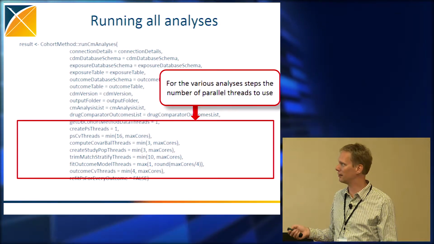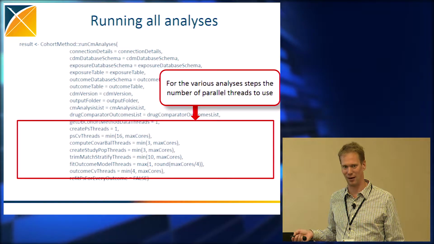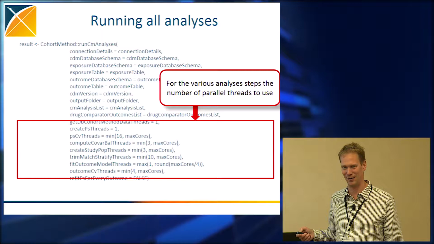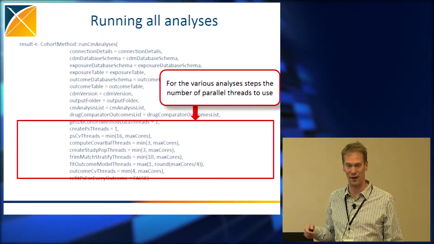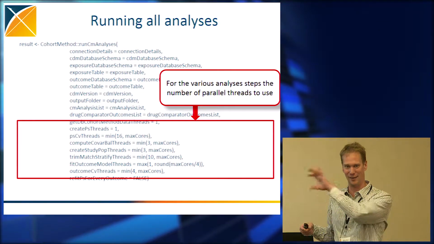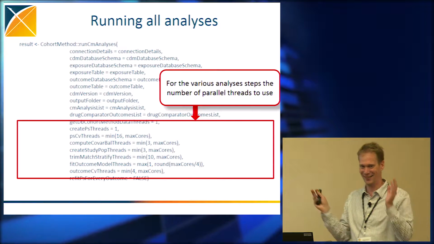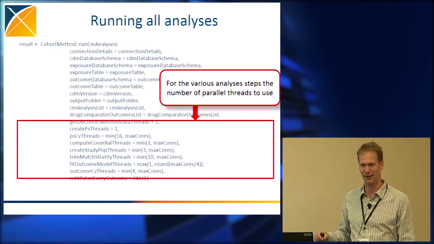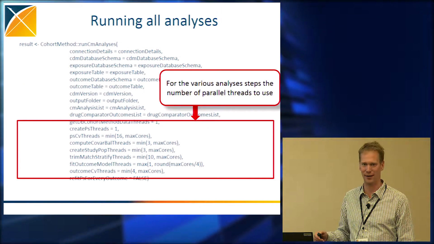Even though the exposure cohorts and the outcome cohorts can be in different tables, they all have to be derived off of the same CDM instance, because you're going to look at the CDM to create the baseline covariates, and if the person ID doesn't match, then you're going to do very wrong things. It all has to be within the same instance. We don't have a way of comparing across CDM instances.